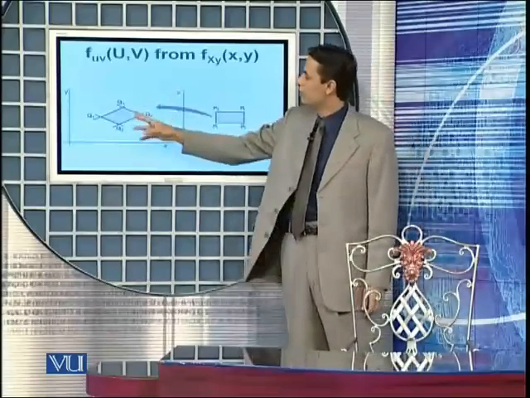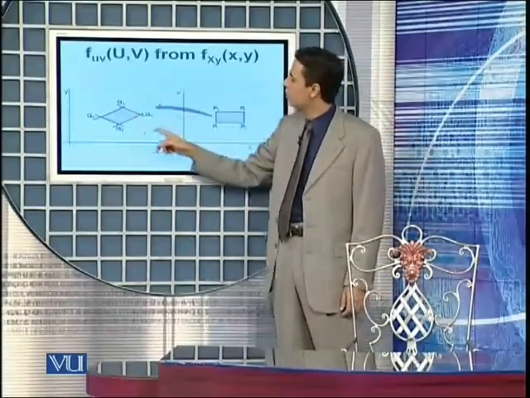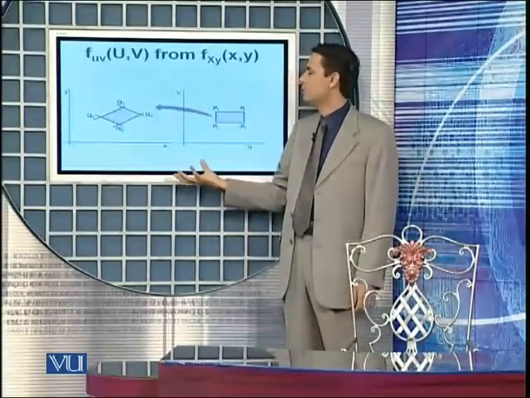And then by equating the probabilities of these 2 events and the Jacobian of that inverse transformation, we were able to find an expression for the joint PDF of u and v in terms of the joint PDF of x and y and the Jacobian of transformation, the inverse transformation or the forward-going transformation, whichever you want to use. If you want to use the inverse transformation, that Jacobian gets multiplied. And if you want to use the Jacobian of the forward transformation, then that Jacobian divides fxy to give you fuv.